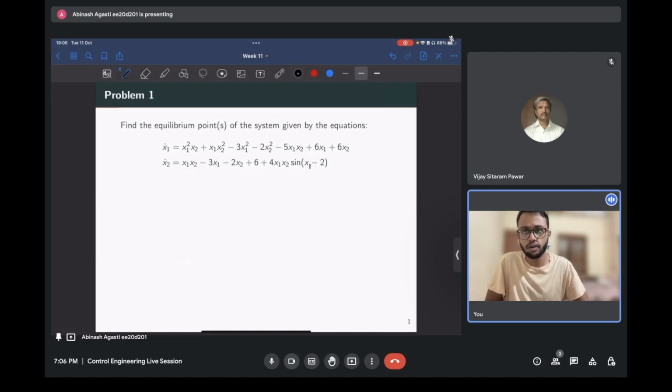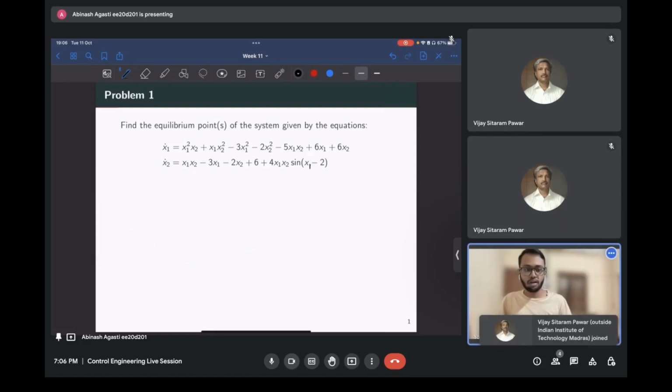But one big disadvantage of that approach is that it is valid only for linear systems. And whenever nonlinear systems come into play, we just cannot do any analysis with that approach.